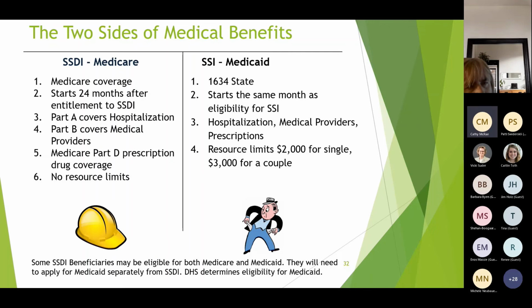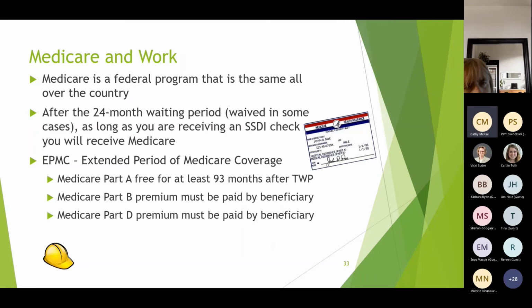Next slide. If you're a dual beneficiary, you might be getting both Medicare and Medicaid. All the rules apply, so that's important to keep track of. Medicare is a federal program. It's managed by the federal government. You will get the same Medicare in Michigan, Ohio, California, Hawaii. It's exactly the same everywhere.